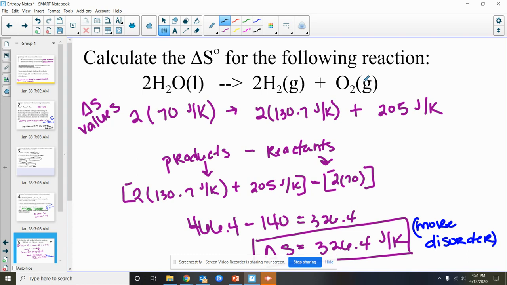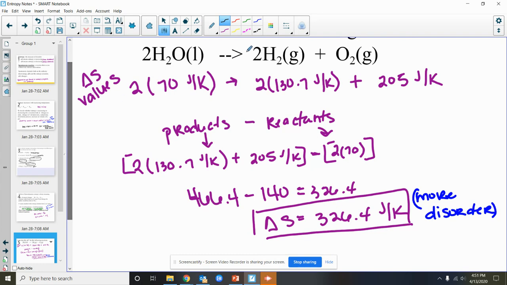So you will not see any 0 values for entropy on these charts. This one is 70 and that's a liquid. This one's 130 and this one's 205, and both of those are gases. So you can even see the state: liquid is lower in entropy, and gases have a higher entropy. Just something to note.